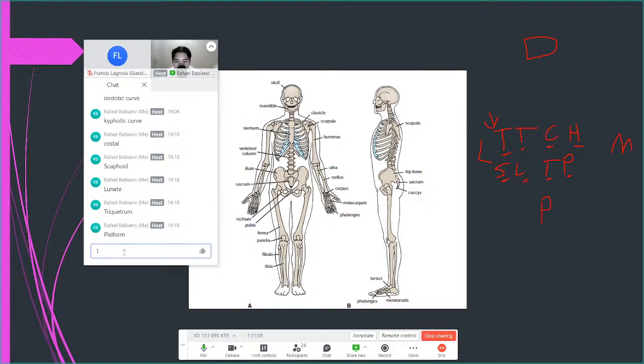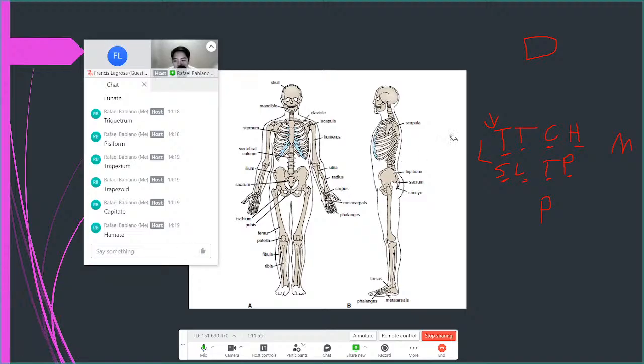Scaphoid, lunate, triquetrum, pisiform, trapezium, then trapezoid, then capitate, then hamate. Those are your carpal bones.